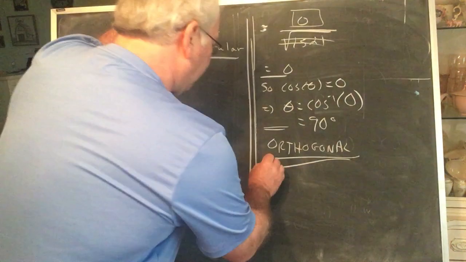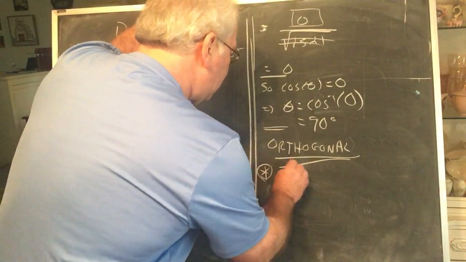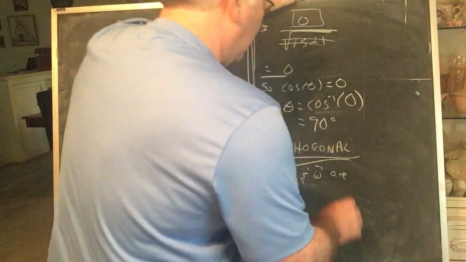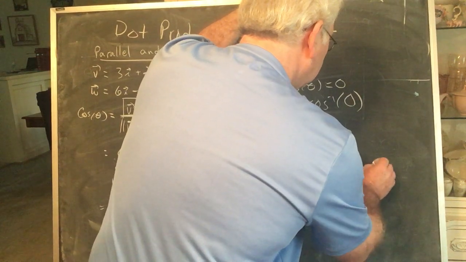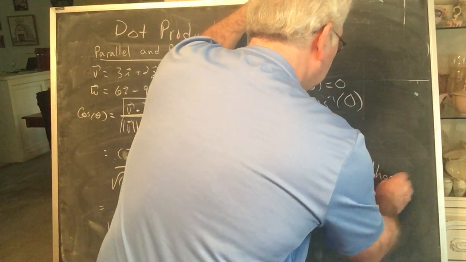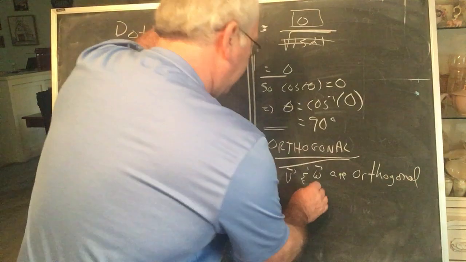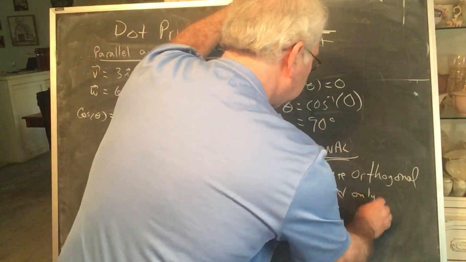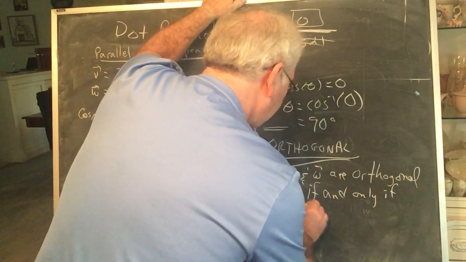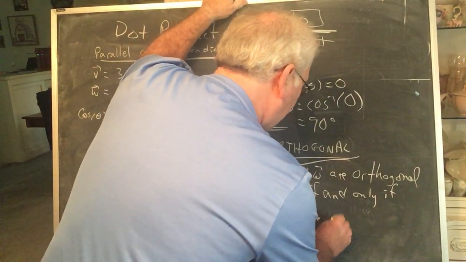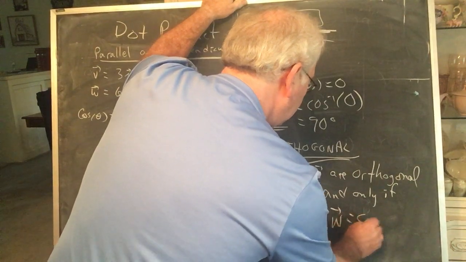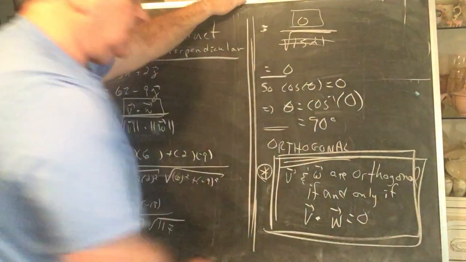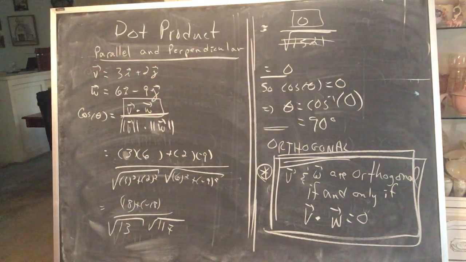And so we have the following statement: v and w are orthogonal if and only if the dot product is equal to 0. Vectors are orthogonal if and only if the dot product is equal to 0.